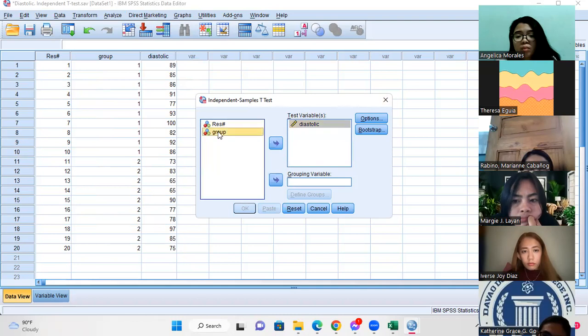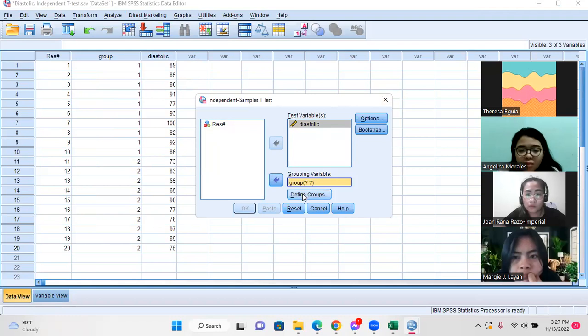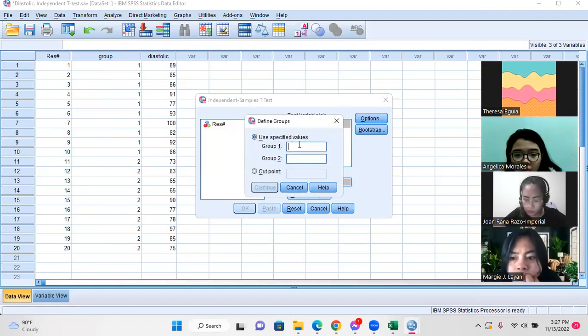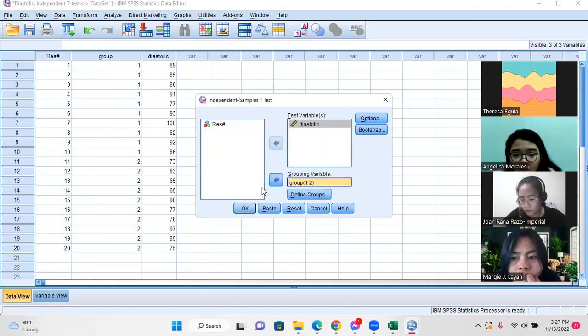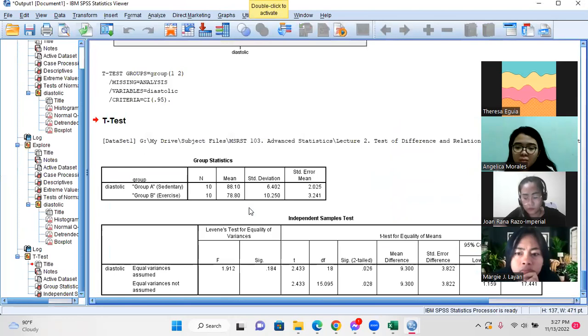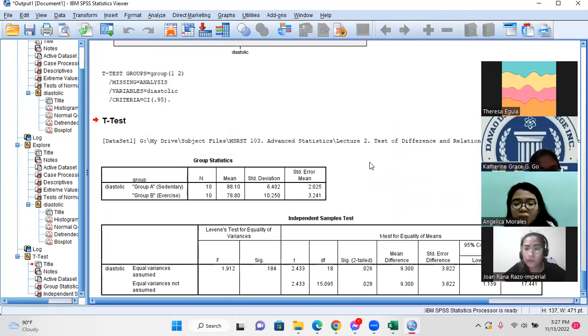And then itong group sa grouping variables. Pansinin nyo, hindi nyo ma-okay, kasi kulang. Define groups. 1, 2. Then continue. Click OK. O, nakuha ba? Yes, ma'am. Okay, dito tayo.